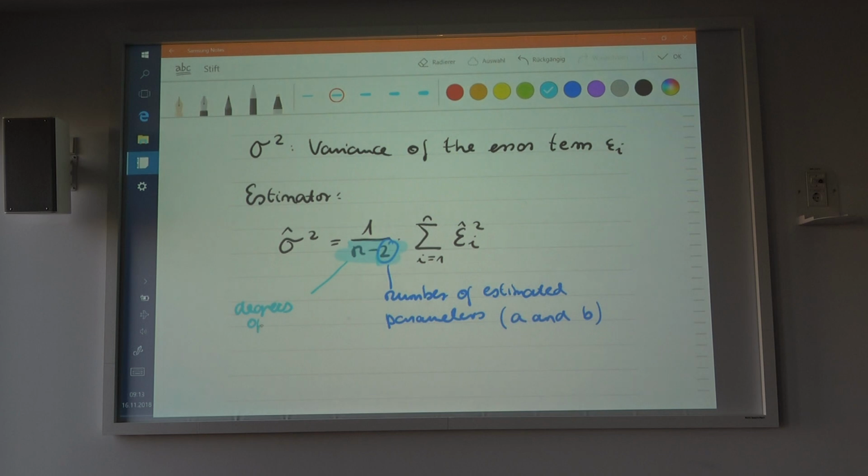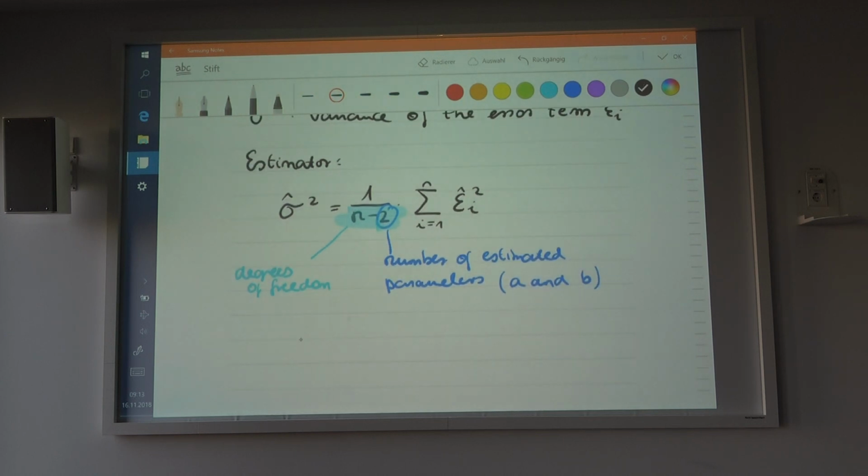Why do you divide this by n minus 2? Because the estimator is unbiased this way. But if you choose to divide by n, then you would get a biased estimator. So maybe remember that the expectation of this estimator is going to be equal to the theoretical variance of the disturbance term.